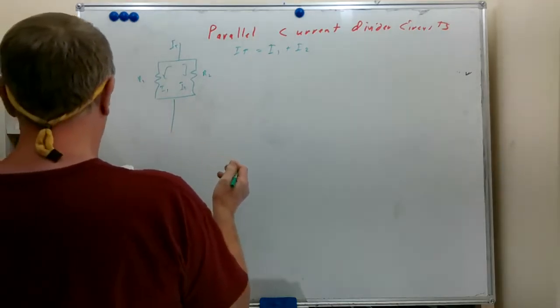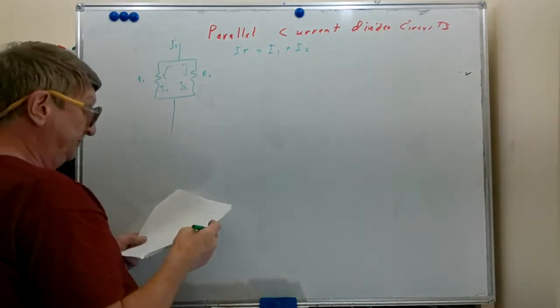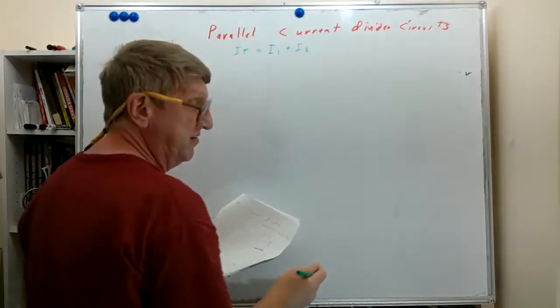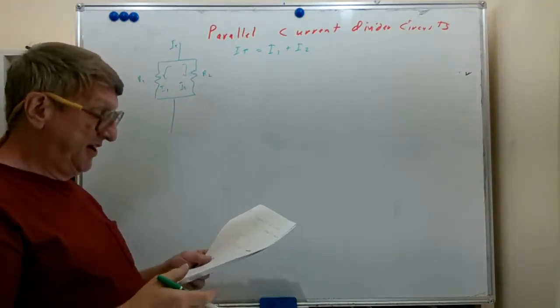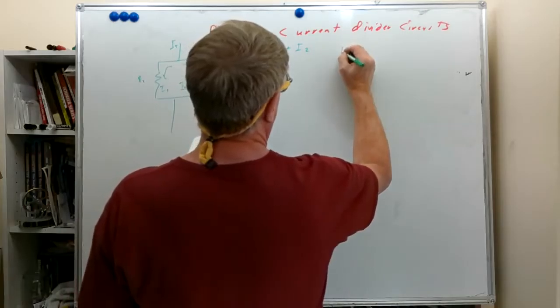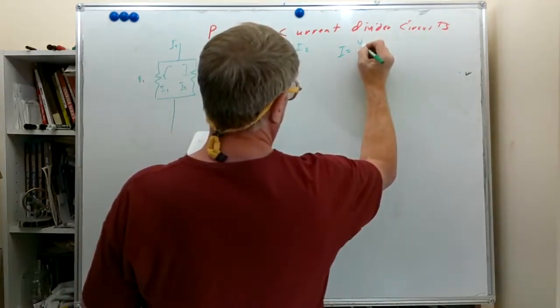So we want to figure out what I1 is. Let's go through the derivation of the current divider formula. Well, Ohm's law tells us that current is equal to voltage divided by resistance.